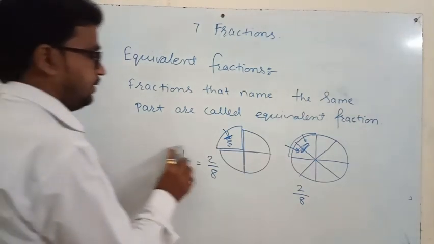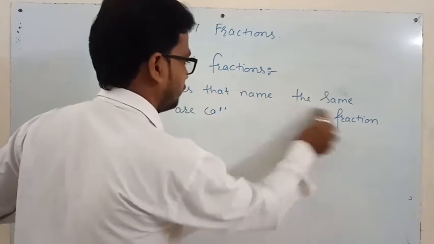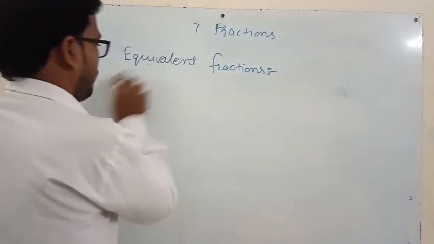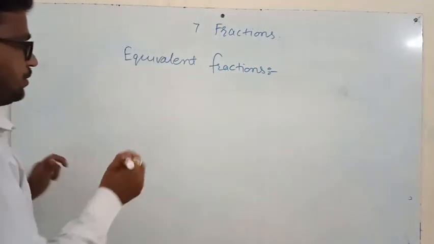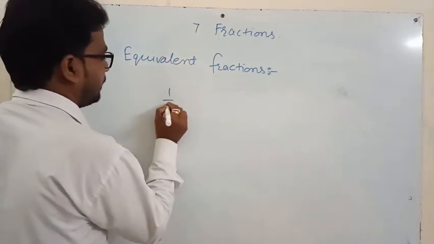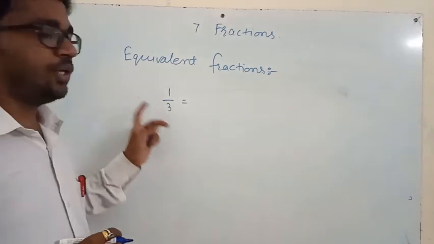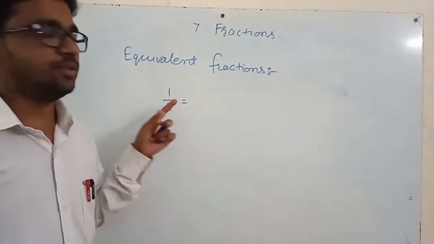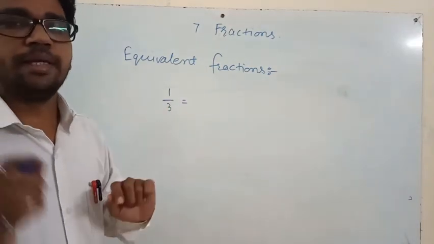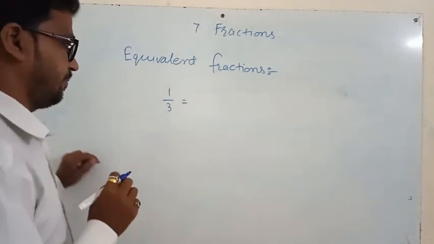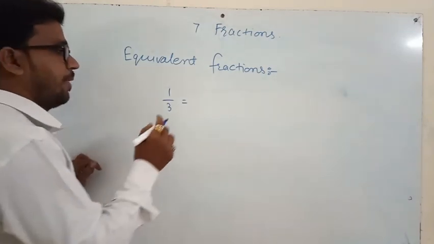Or suppose here it is 1 by 3, and we have to find the equivalent fractions of this 1 by 3. Then one simple method is there.